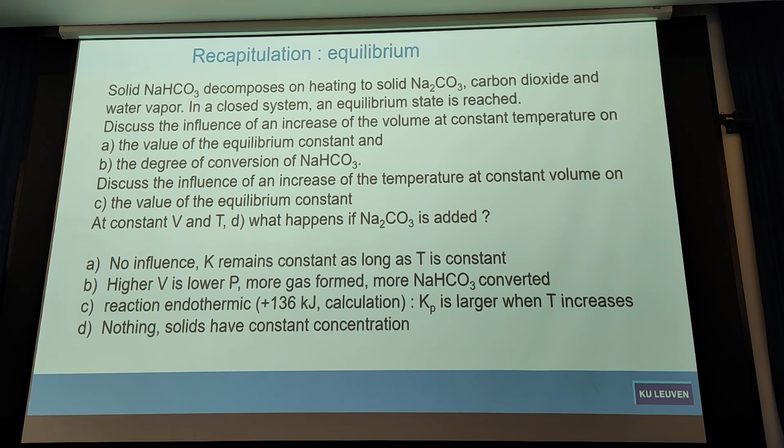What about increasing the temperature at constant volume on the same factors, value of equilibrium constant? And if you have constant volume and constant temperature, what will happen if we add sodium carbonate? So these are again, let's say, all applications of shifting equilibrium.